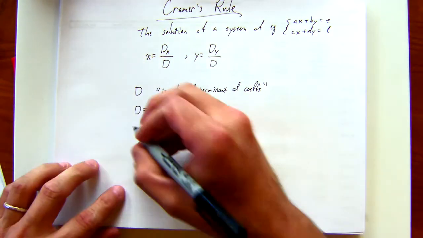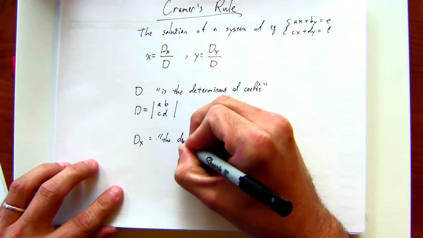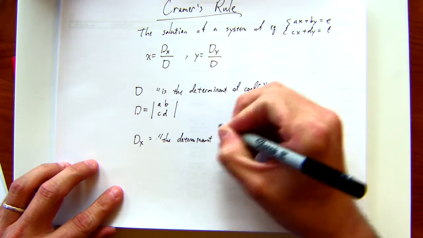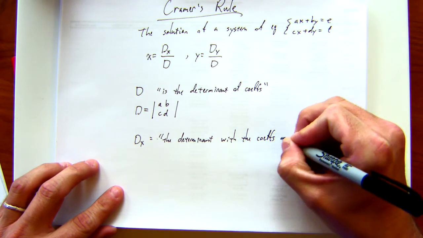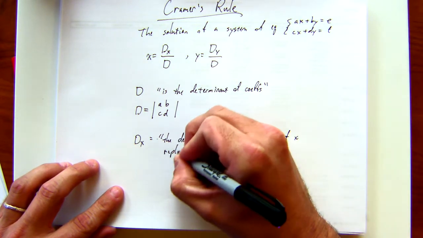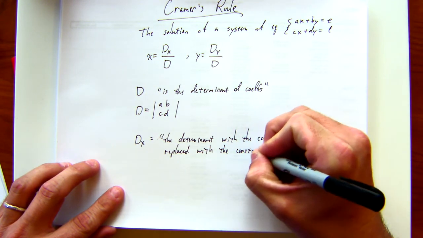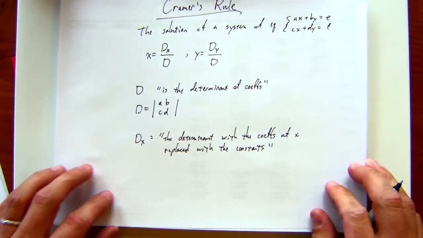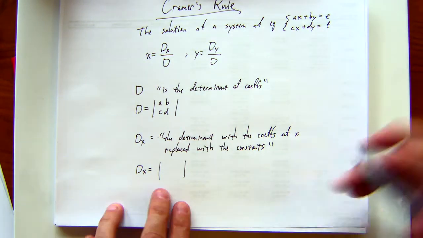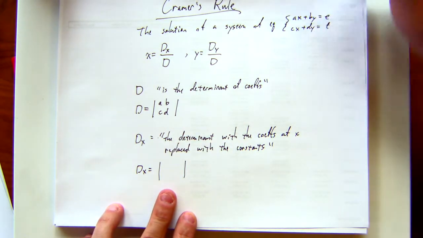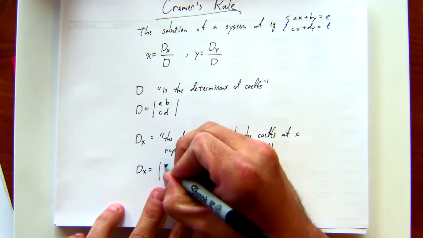Now D sub x is the determinant with the coefficients of x replaced with the constants. So in this case, instead of the coefficients of x from here, instead of using a and c, I'm going to replace them with my constants, e and f.